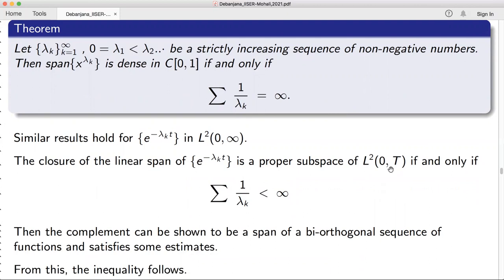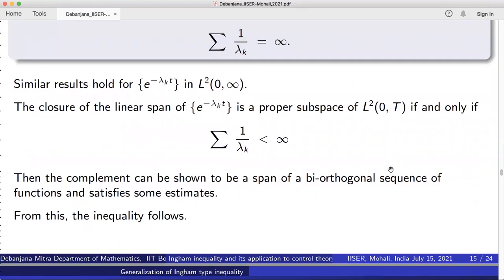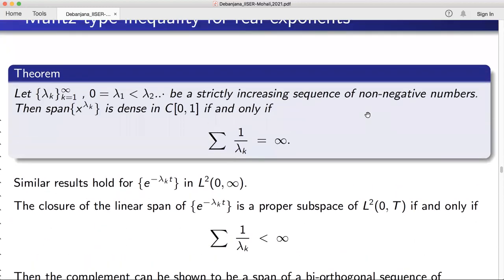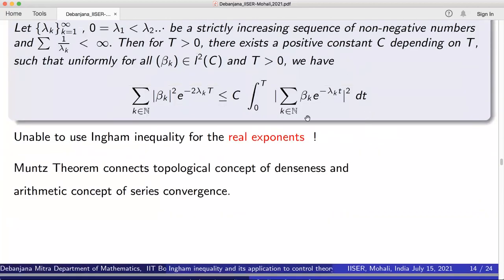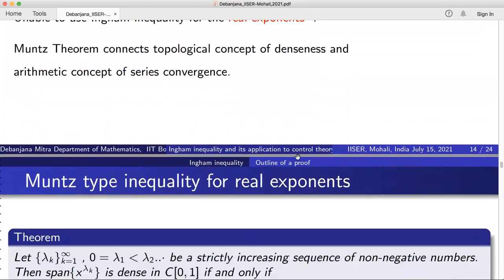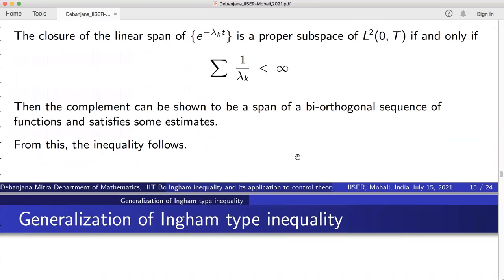Hence you can show the existence of a biorthogonal sequence in the complement, which satisfies some particular estimate that helps to prove this inequality. I am not going into the proof, but we need some generalized version.